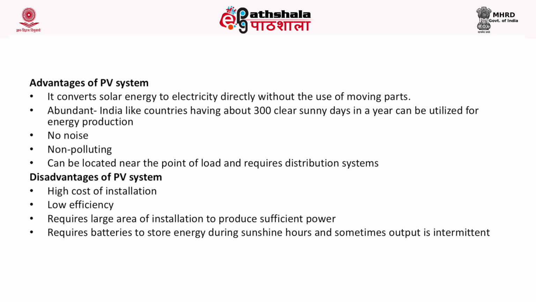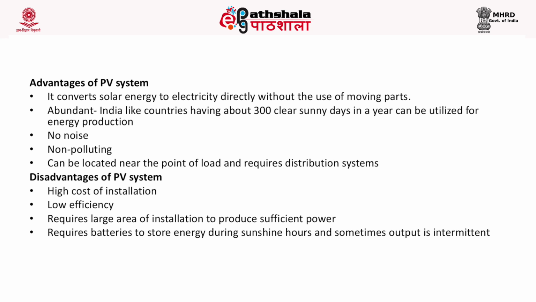So the raw material for this PV system is abundant in our country. That is one advantage, and it produces no noise. It is non-polluting, that is eco-friendly in nature, and it can be located near the point of load and requires no distribution system.